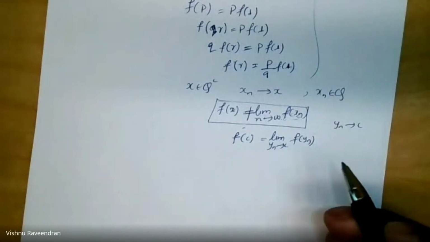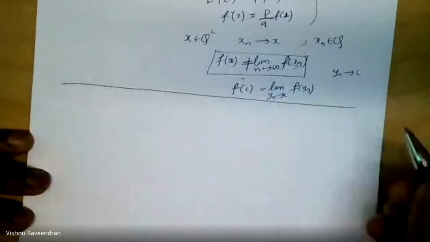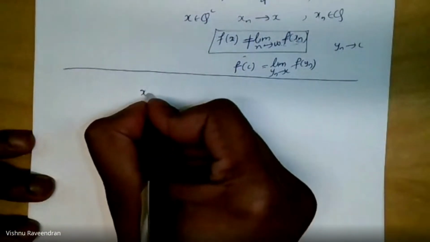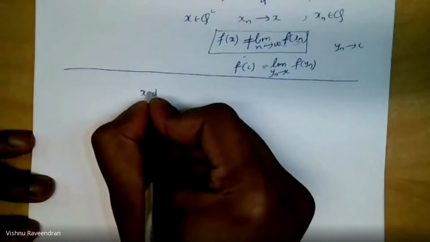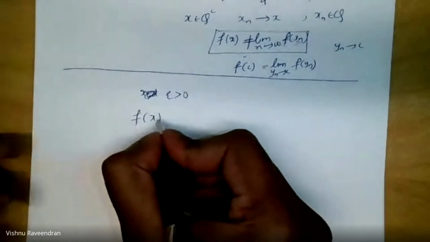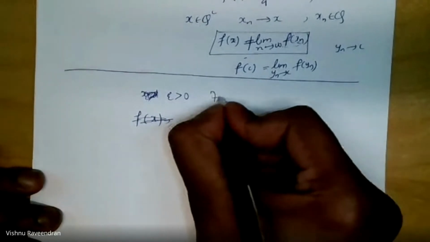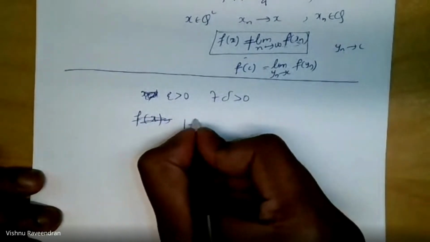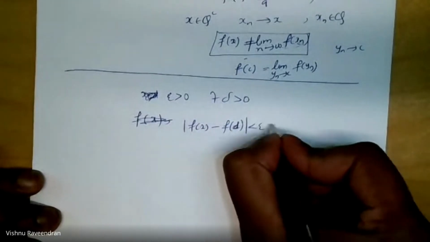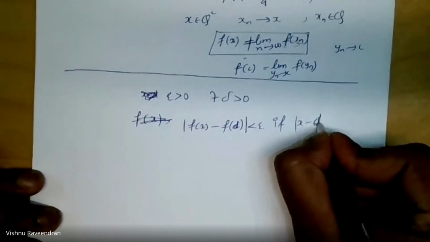But we can do it in a simpler way to prove f is continuous. For example, if epsilon is greater than 0, we need a delta greater than 0 such that f of x minus f of d is less than epsilon if x minus d is less than delta.